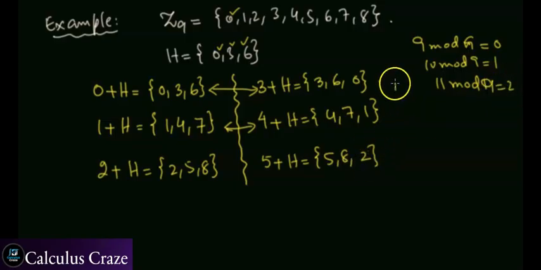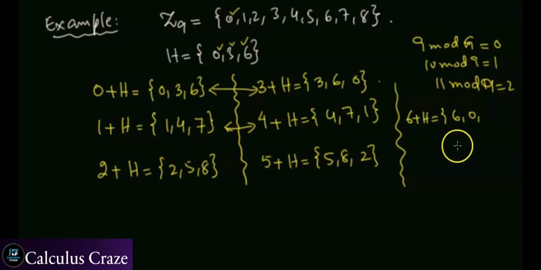Similarly, if I take 6 plus H, 0 plus 6 is 6, 3 plus 6 is 9, which is 0, and 6 plus 6 is 12. When you take 12 modulo 9, it becomes 3.